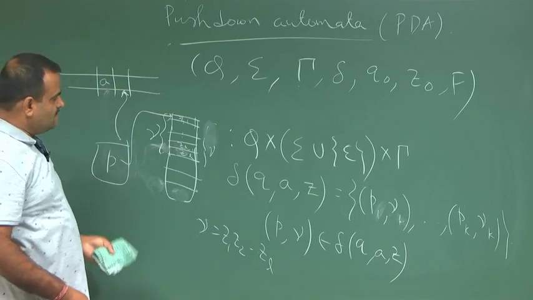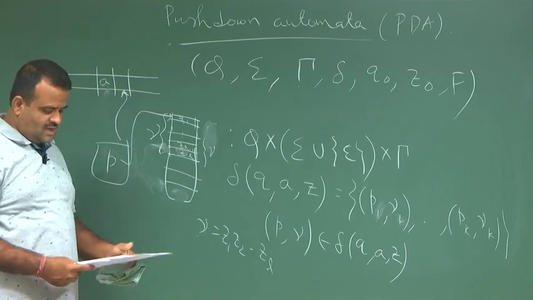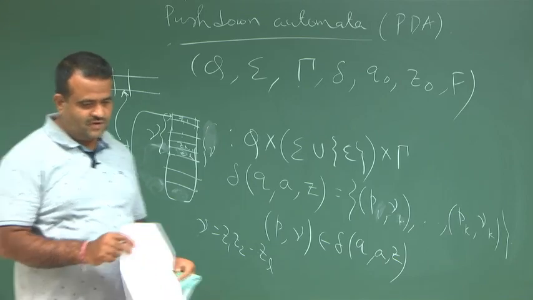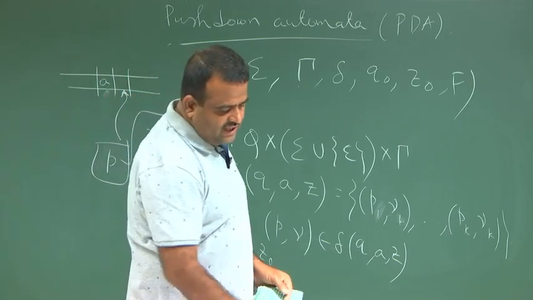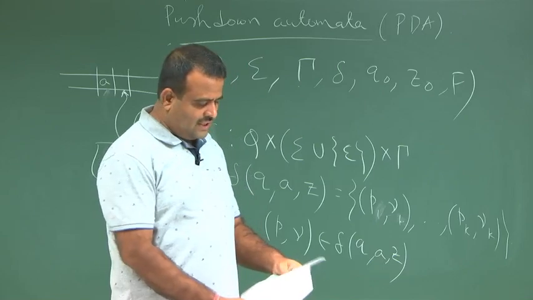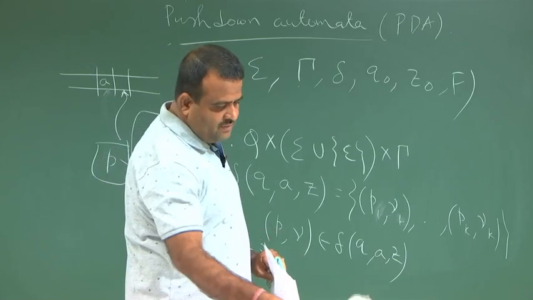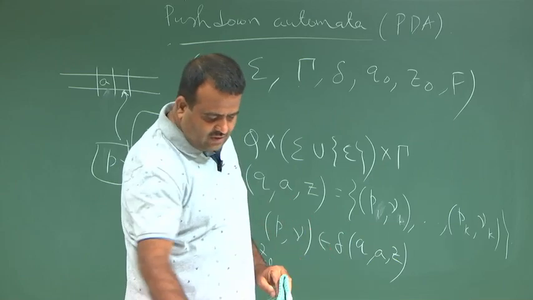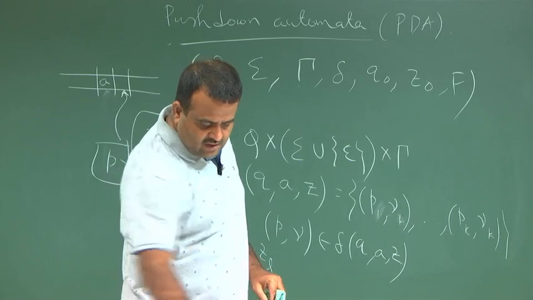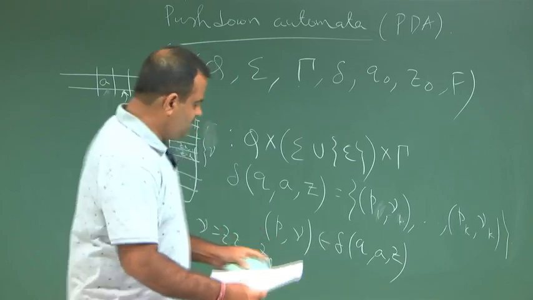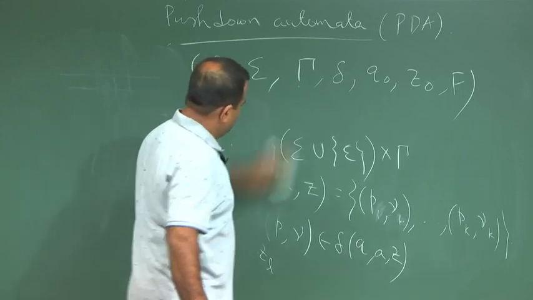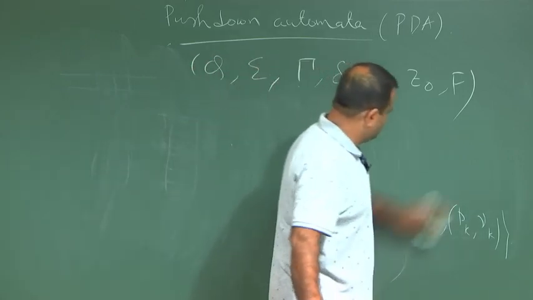Using this we have defined the ID, the instantaneous description of an automaton. That is the snapshot of the present state of the automaton. We have already discussed this, but just to recap, what is the ID again?